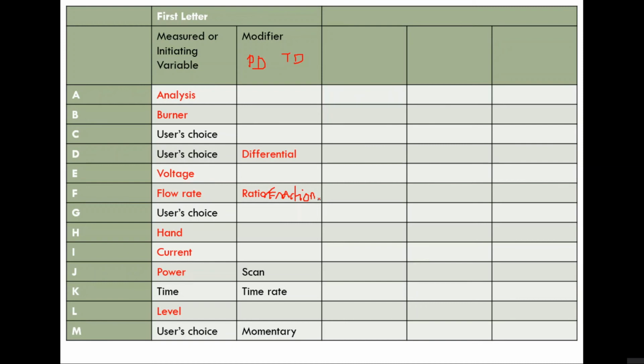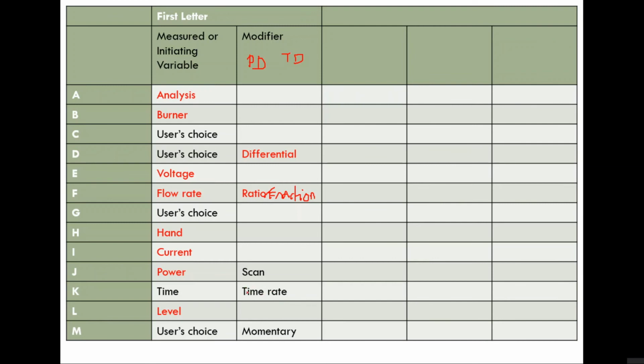It is the same with level ratio. So F means ratio or fraction, both are the same. Okay, then J is not important. J means scan, that is not important. K means time rate. If you are going to use some instrument to find the differentiation of some variable, then we need time rate along with that variable. If you are finding the differentiation of level, then we need LT.